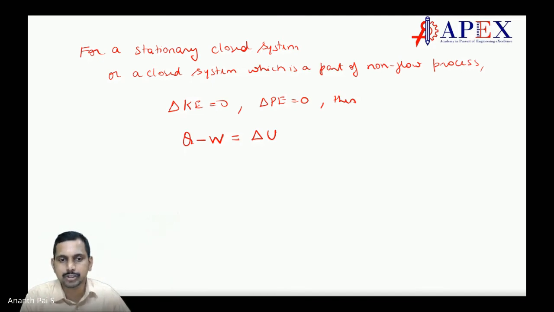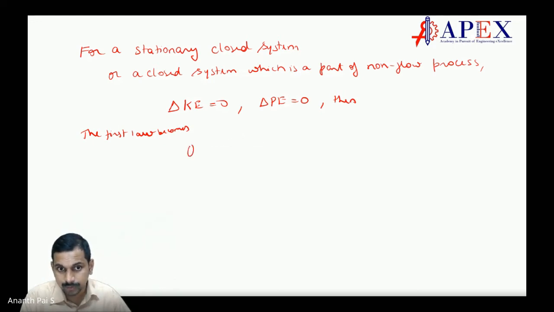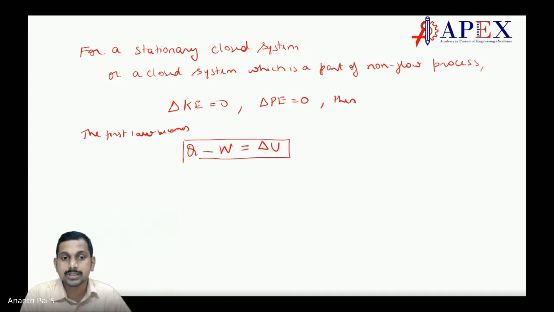This is the first law. Only for a stationary closed system, very important. It can be called a stationary closed system or a closed system which is a part of non-flow process.